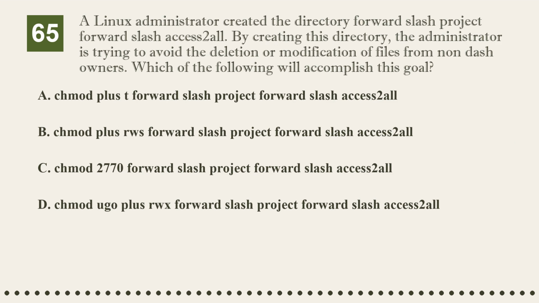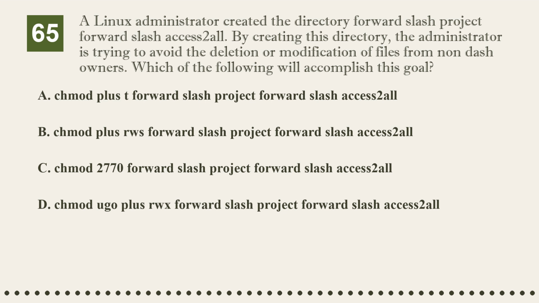Question 65. A Linux administrator created the directory /project/access-to-all. By creating this directory, the administrator is trying to avoid the deletion or modification of files from non-owners. Which of the following will accomplish this goal? Option A, chmod +t /project/access-to-all. Option B, chmod +rws /project/access-to-all.